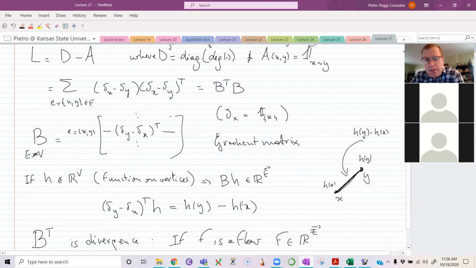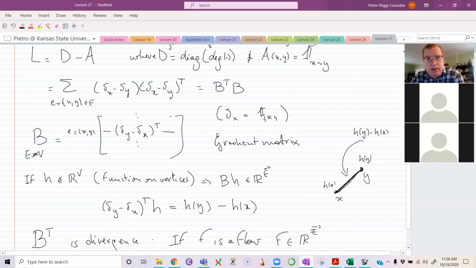Now, there's a slightly annoying thing: if you want to keep having one row per edge, you need to pick an orientation, because otherwise this difference would change sign. So you make an arbitrary choice of orientation.